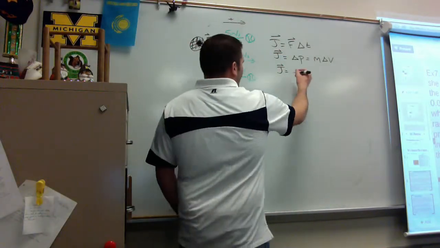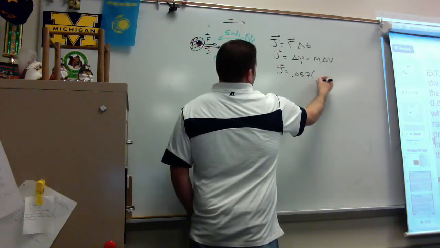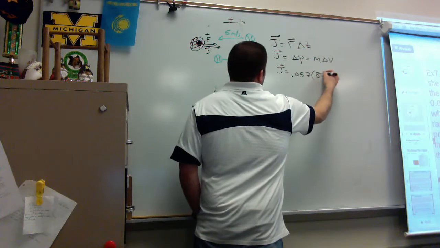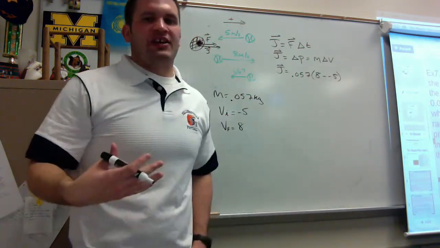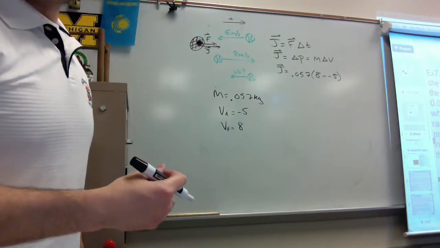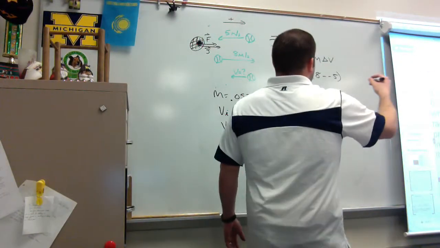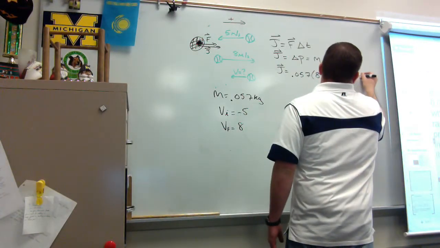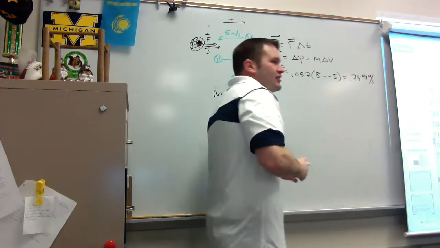So, change in momentum, 0.057 times V final minus V initial. So 0.057 times 13. What does that equal? 0.74. 0.74 kilogram meters per second. Does that make sense?